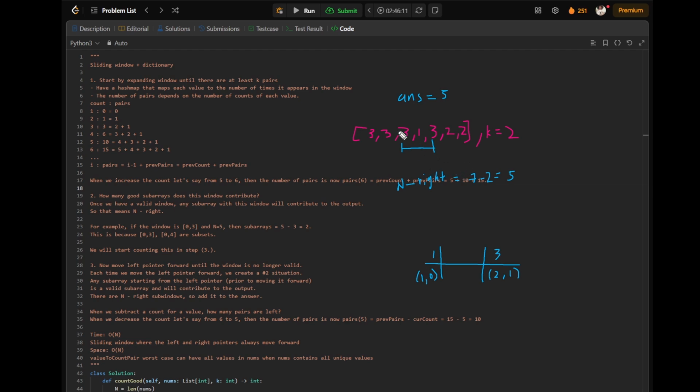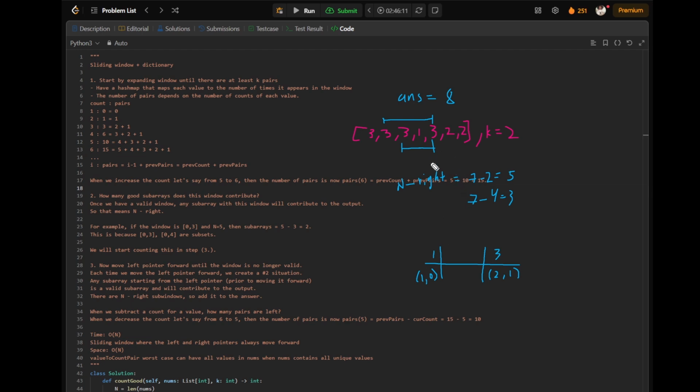Because it's invalid, we also add the number of subsets we can make out of this previous valid one, which is 1, 2, 3, right, is n minus r, 0, 1, 2, 3, 4, which is a contribution of 3 to the overall answer. So now we have answer plus 3, so now it's 5 plus 3, which is 8.